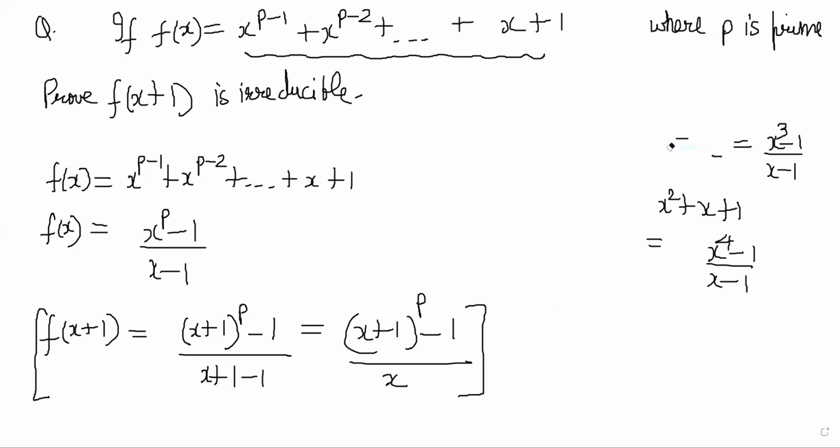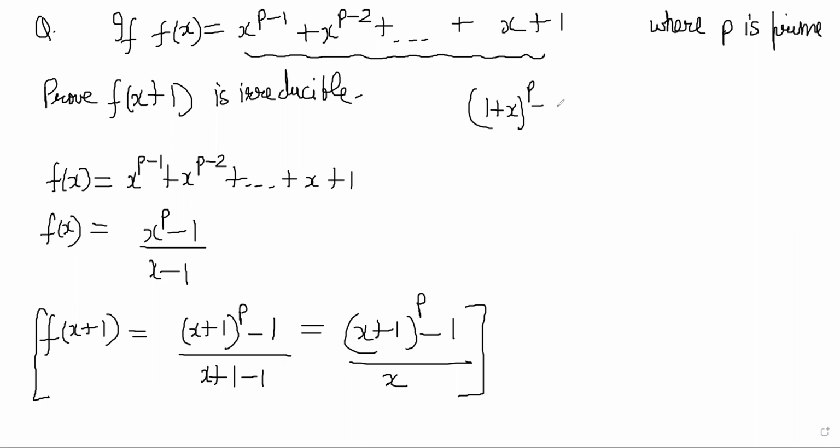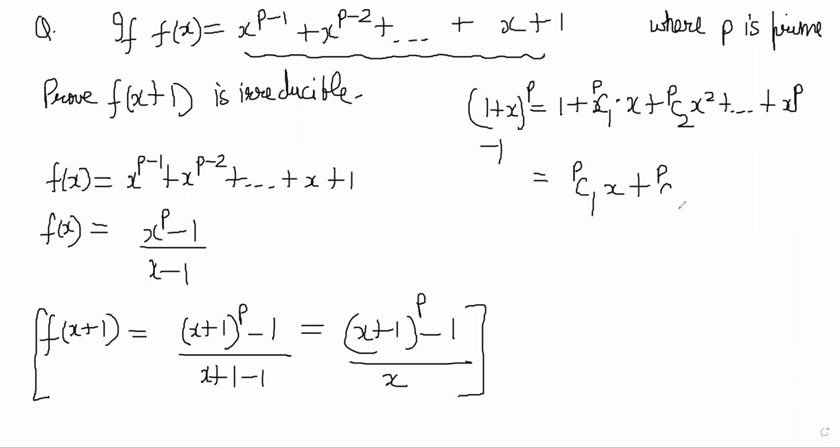Let's try to write the terms of this polynomial for a bit and see what comes. Notice that when you expand (1+x)^p, it becomes 1 + pC1 x + pC2 x^2 and so on till x^p. When you subtract 1 from this, it is just pC1 x + pC2 x^2 and so on till x^p.